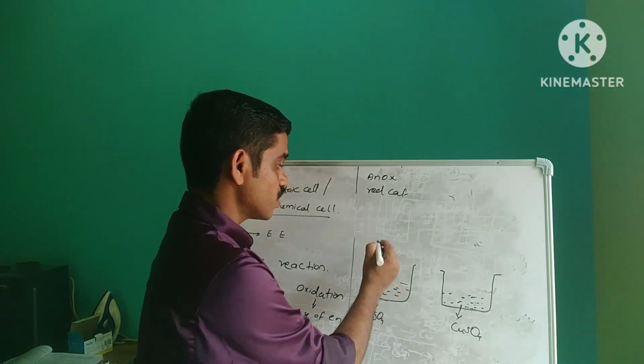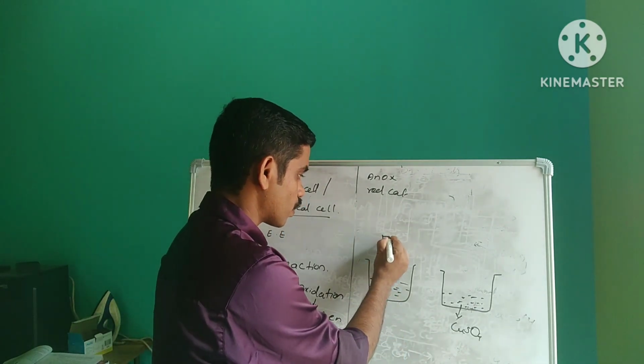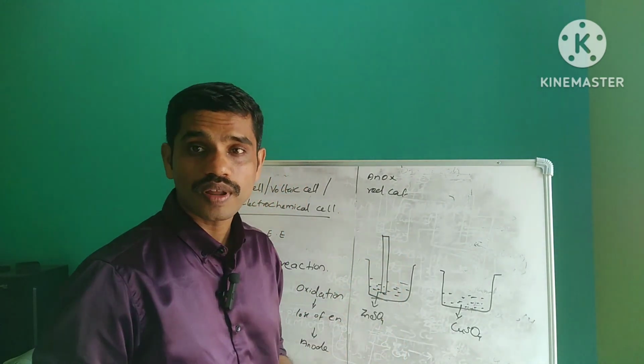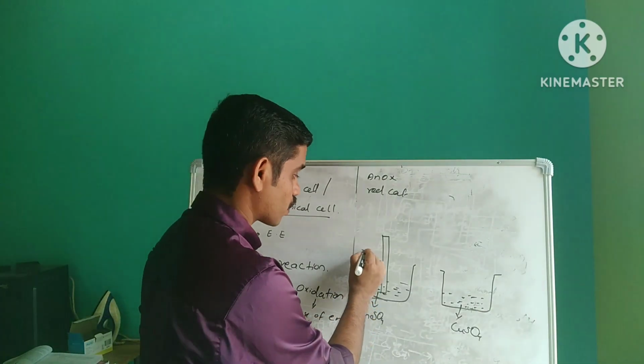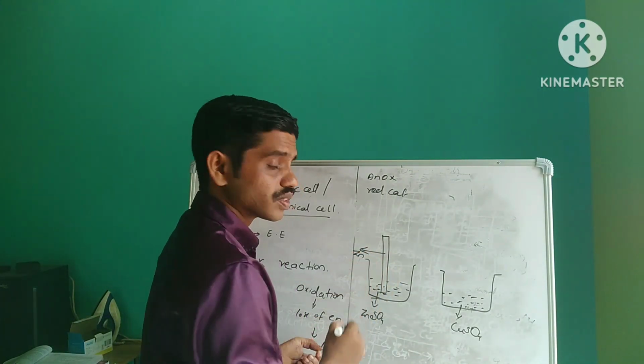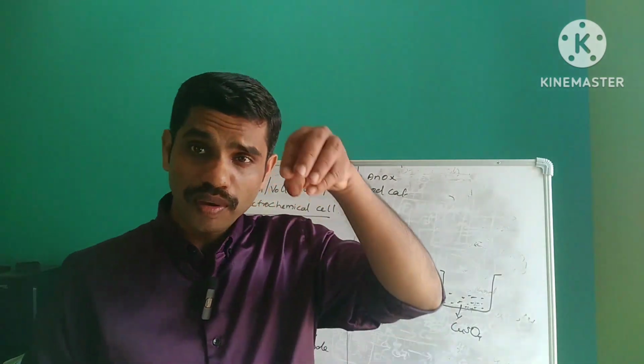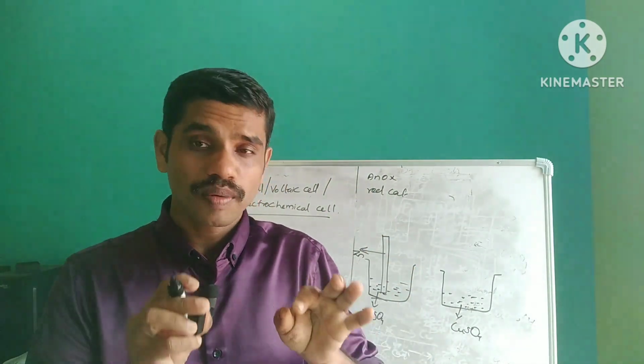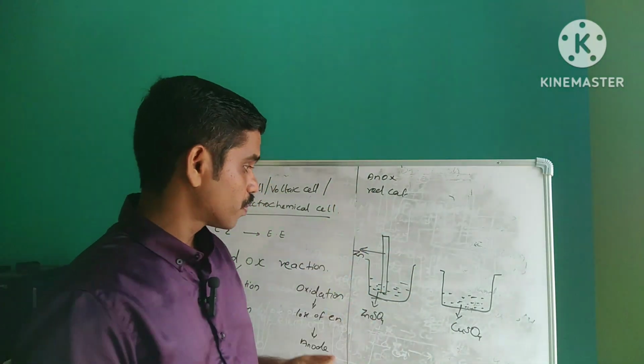In the zinc sulfate solution, dip one electrode, that is a zinc electrode. Electrode means nothing but a zinc rod or zinc plate that you dip.